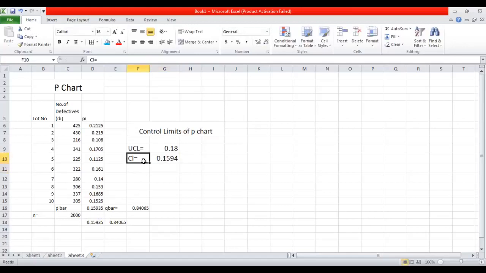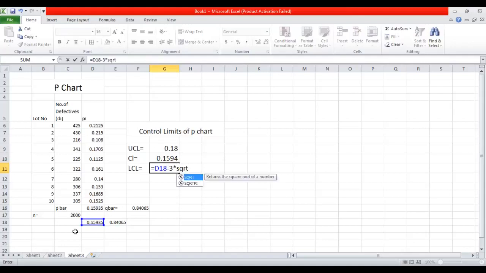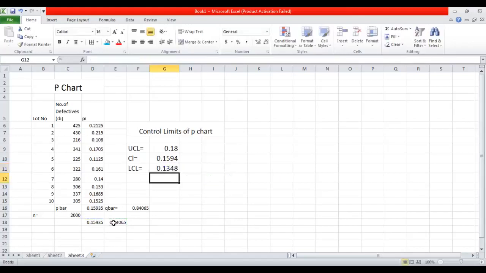Next LCL. LCL equals to, what is the formula? P bar minus 3 into square root of P bar into Q bar divided by N value 2000. So we get the LCL as 0.13.